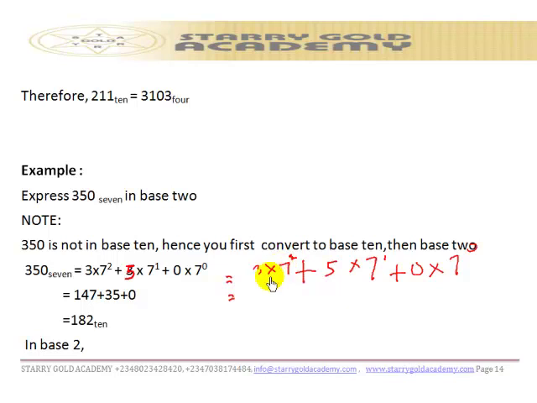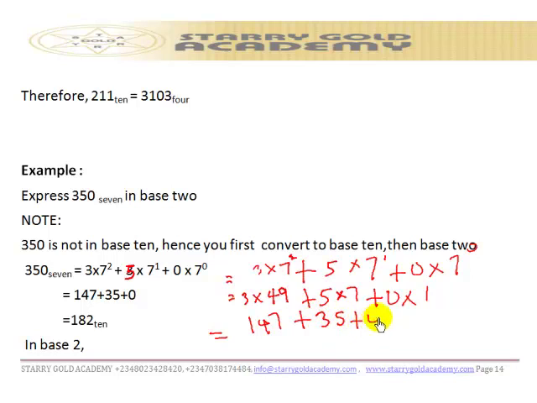7 raised to power 2 is 49, 7 raised to power 1 is 7, 7 raised to power 0 is 1. 49 times 3 is 147. 5 times 7 is 35. 0 times 1 is 0.